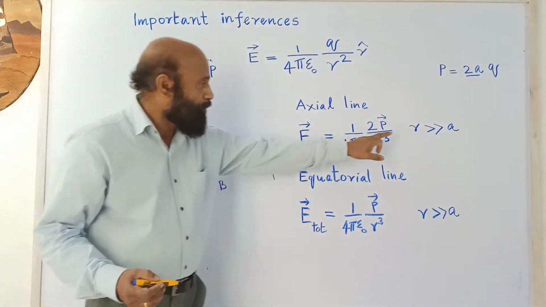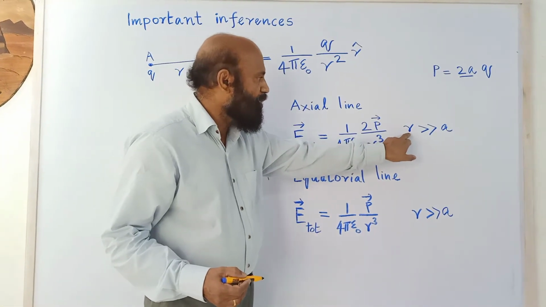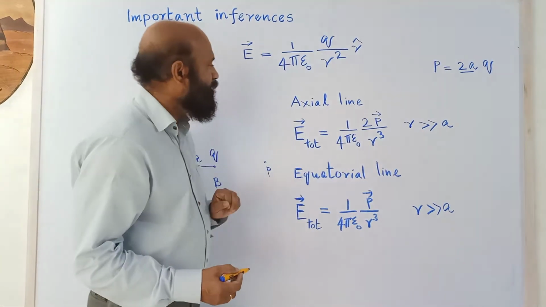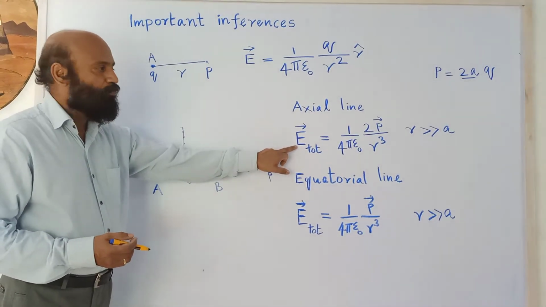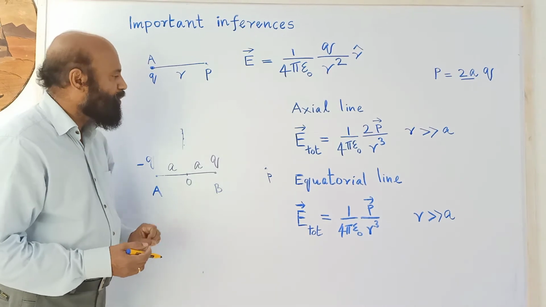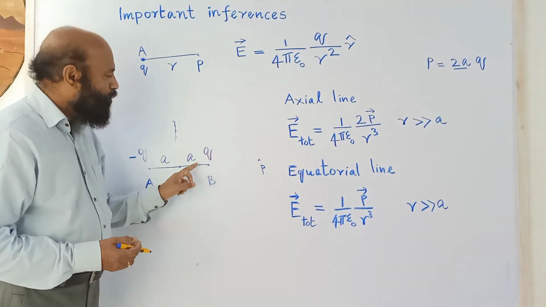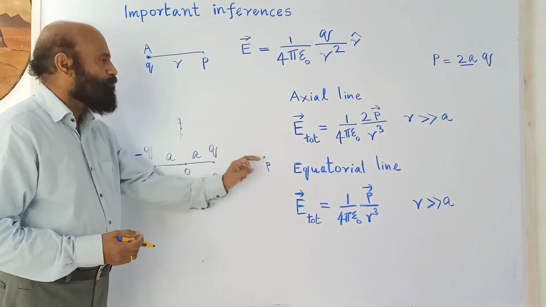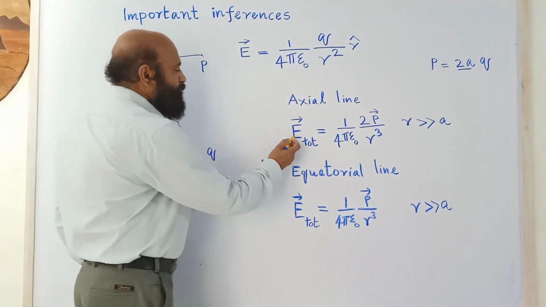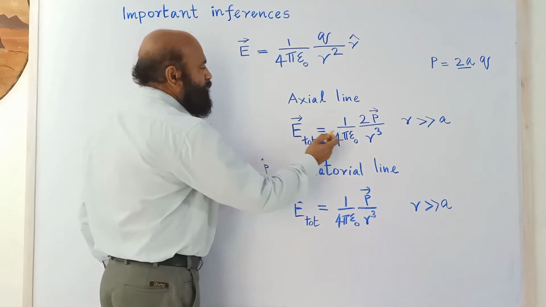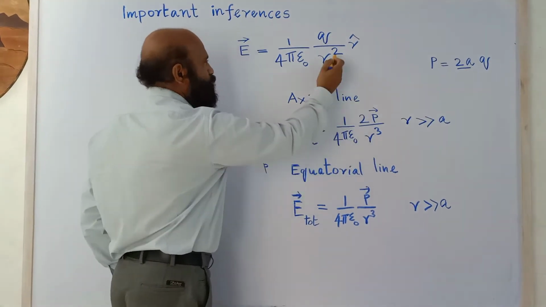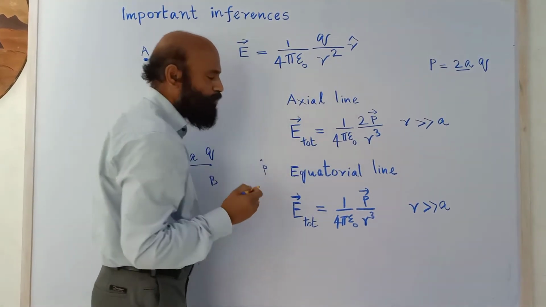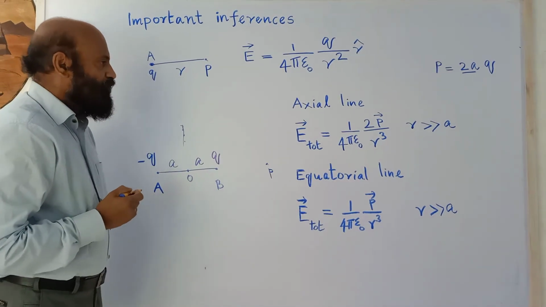When the point is at a large distance, r is very much greater than a. So this is the expression for the intensity of the electric field. This is valid only when the point is very far away from the electric dipole. From this it is clear the electric field is inversely proportional to the cube of the distance. Here it is the square of the distance, here it is the cube of the distance.